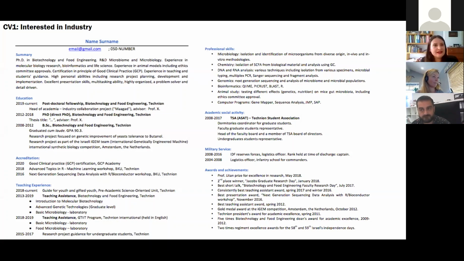Yeah, I think that there's some phrases that we see almost on all the CVs today, high personal abilities, including that. So I think that it goes without saying, and maybe adding technical skills that already appear later on in the CV, bringing them also forward, because people are looking also for those technical skills.